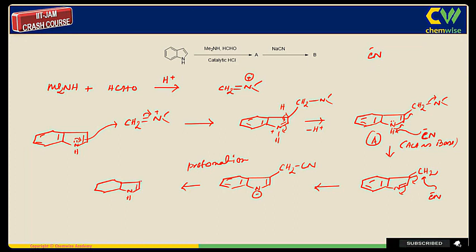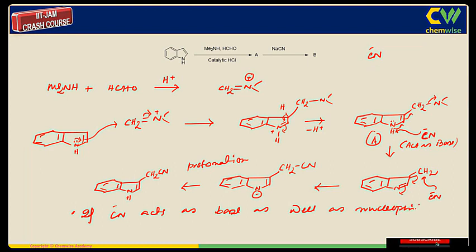NH, CH2Cl. So this reaction will proceed only if CN minus acts as base as well as nucleophile. It's a very interesting reaction. So this is our B.